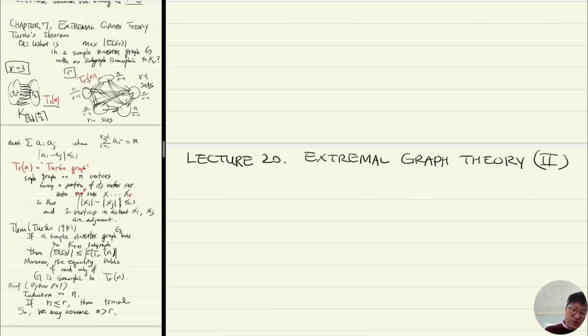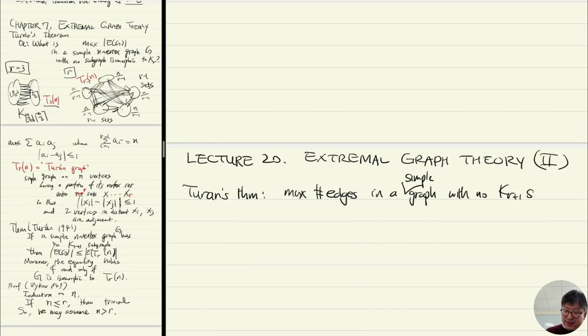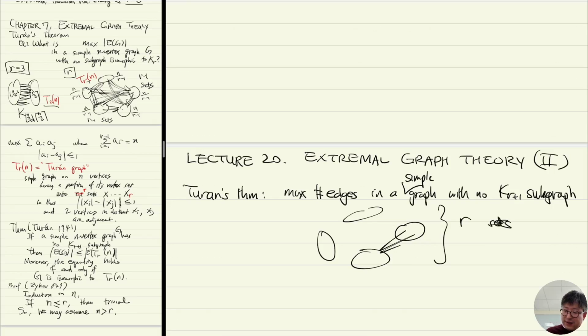Now, Turán's theorem concerns the number of edges in a simple graph with no K_{r+1} subgraph, and we end up with an answer like this, where we have r sets, and between each pair is complete to each other, and each box is of a similar size, differing by at most one.